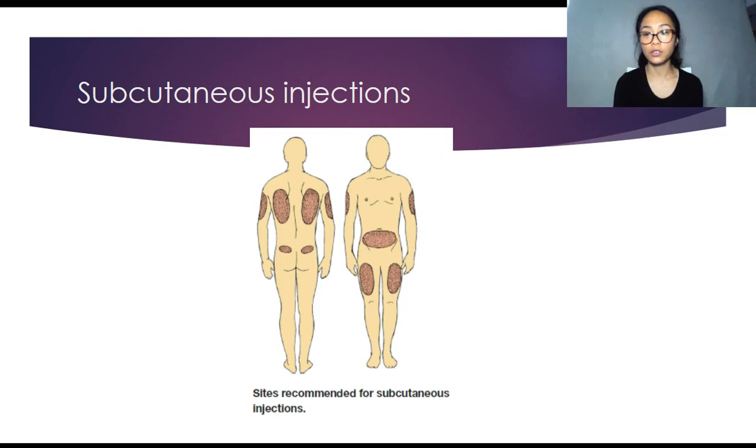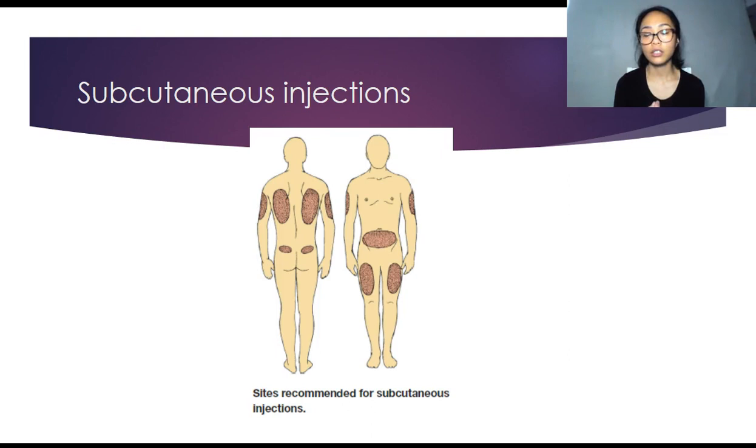Any site that you choose should be free of skin lesions, bony prominences, and large underlying muscles or nerves. There is something called intra-site rotation. Patients who have regular subcutaneous injections like insulin, heparin, or Clexane, you might always be using the abdomen because it's the most common site.